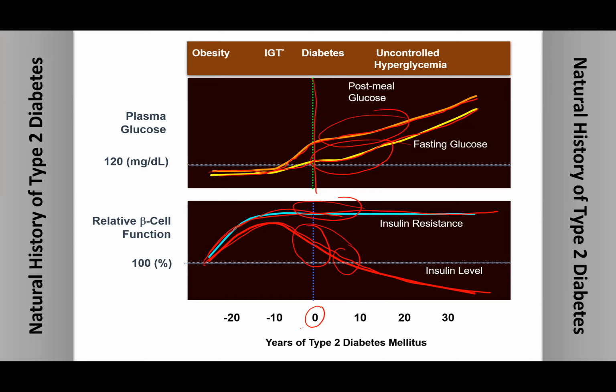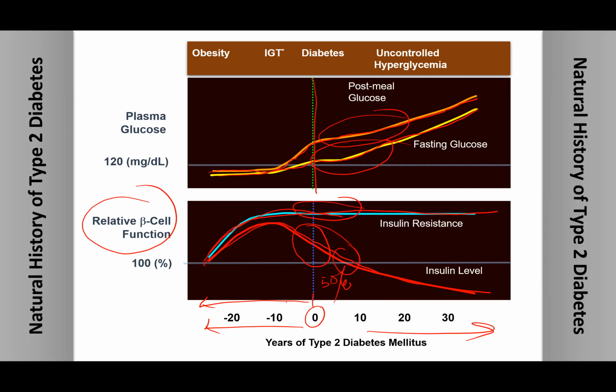If 0 is the diagnosis, the damage starts 20 years earlier and continues for 30-40 years. This is the relative beta cell function. At diagnosis, it is 50% of the original capacity of the beta cell. So this tells me that I can protect the beta cell well before the diagnosis of diabetes.